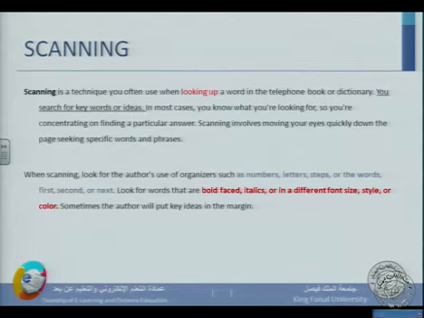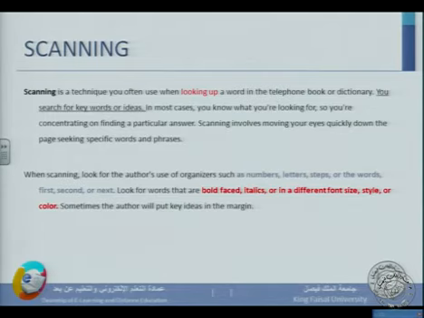Scanning involves moving your eyes quickly down the pages, seeking specific words and phrases. That is the meaning of scanning. Once you read, you look at the lines so quickly, moving your eyes quickly down the page.